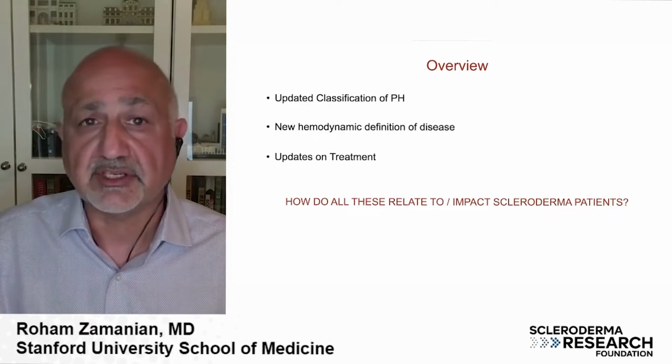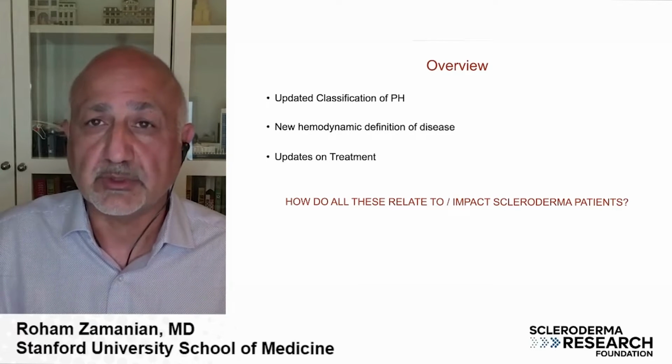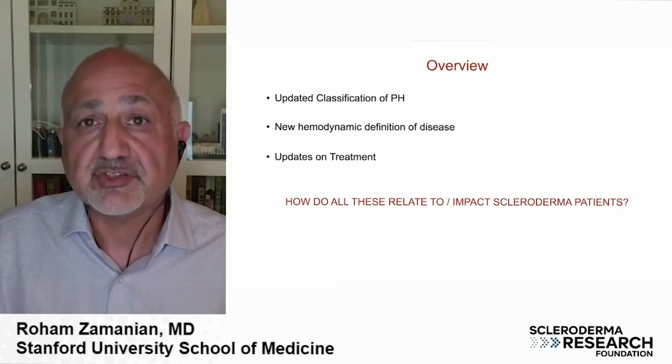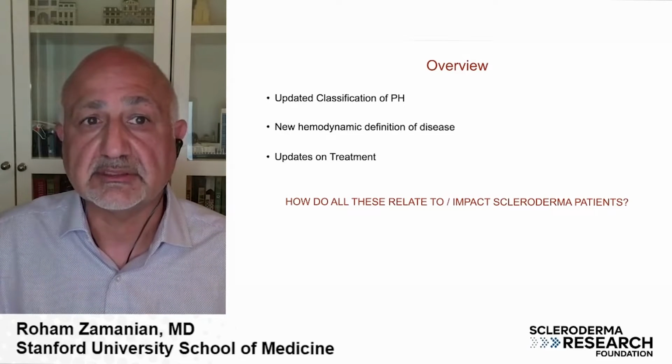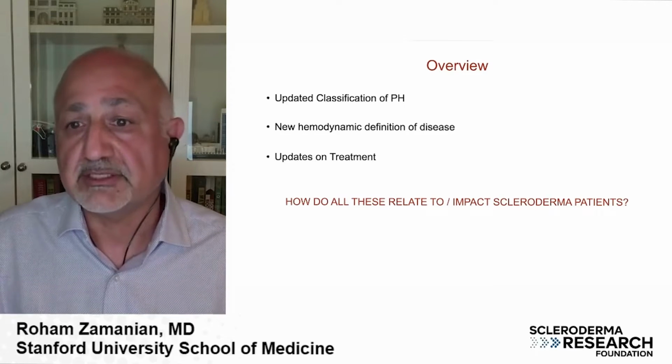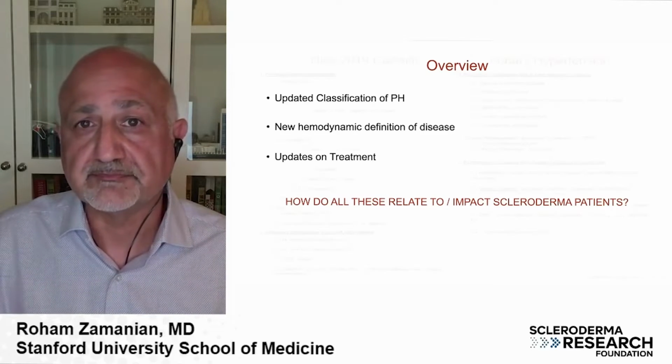The discussion we're going to have today is about updates on the classification of pulmonary hypertension. Really, what is pulmonary hypertension? What are the hemodynamic definitions of this disease? We have some new ones that are relevant, and updates on the treatments.